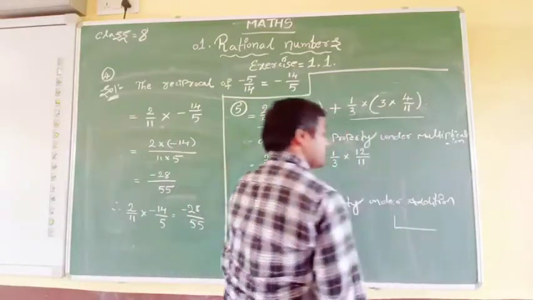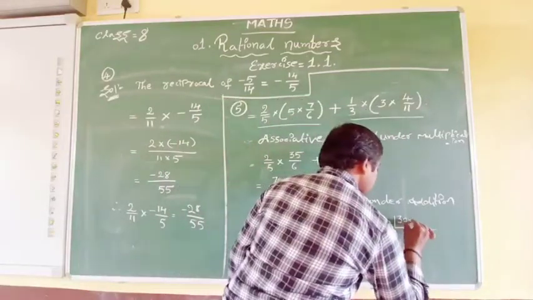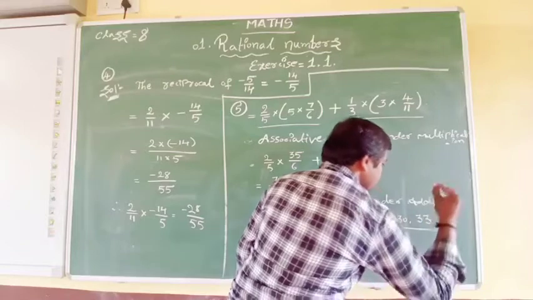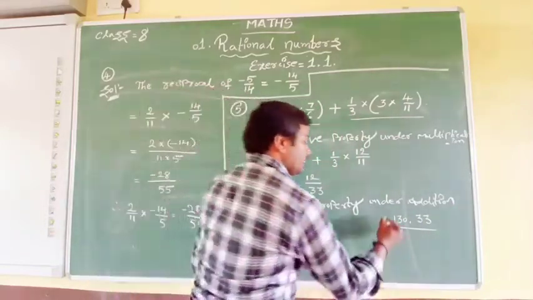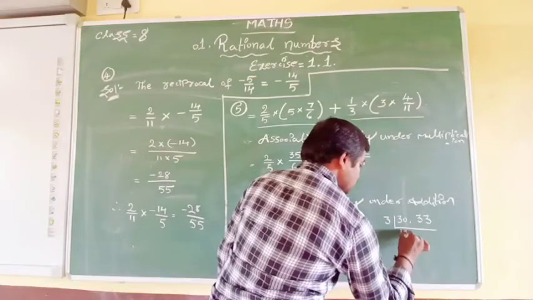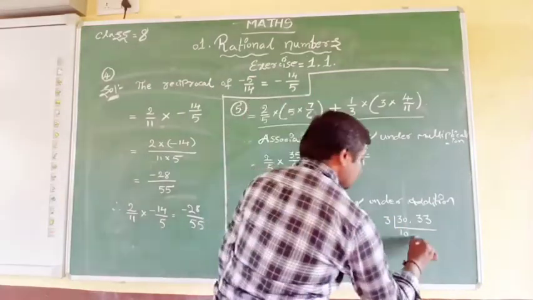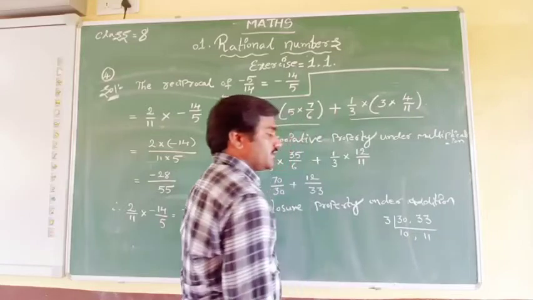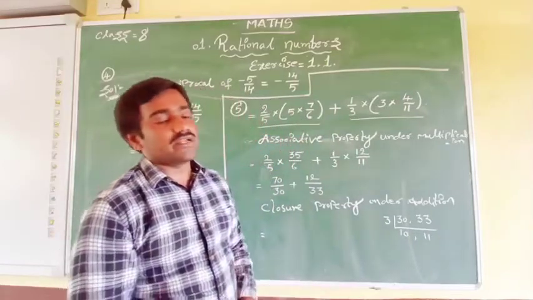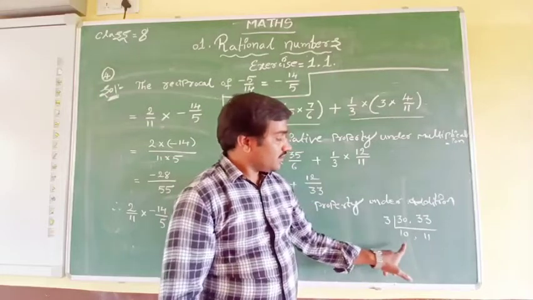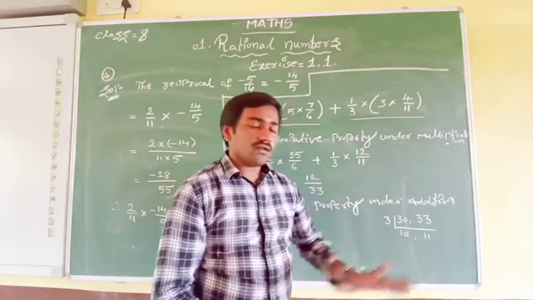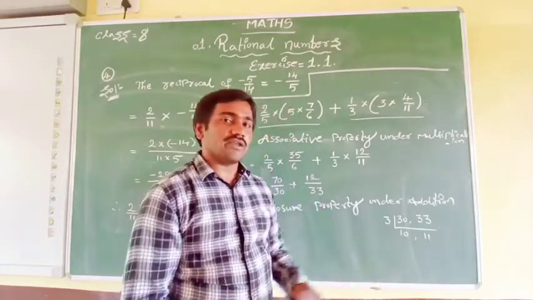Let us take the LCM of 30 and 33. Normal LCM process. We can go for 3 tables here. 3 tens are 30 and 3 elevens are 33. Here itself we can complete the LCM, because the next two terms, 10 and 11, will not appear in the same table.